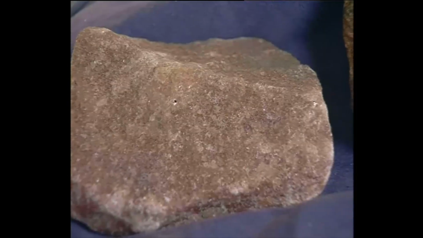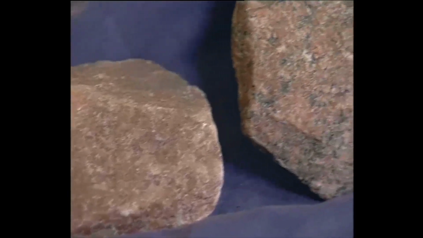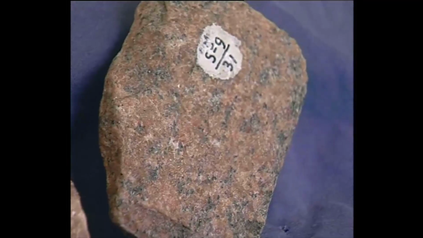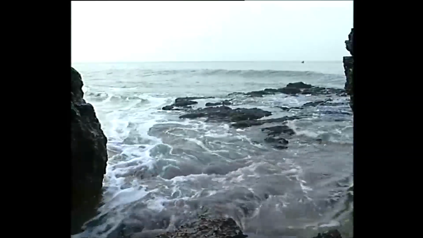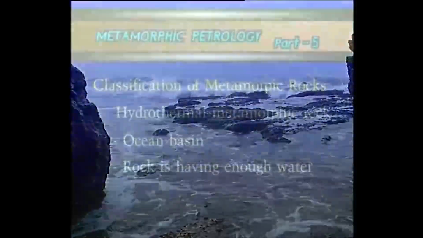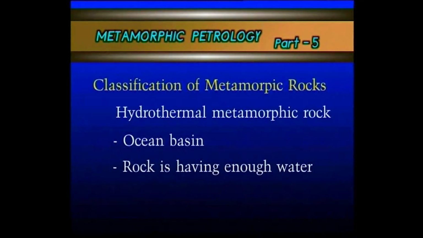In dynamothermal metamorphism, normally pressure as well as temperature both are important, and all sorts of structures we can observe in metamorphic rocks are developed during this process. Suppose we see hydrothermal metamorphism, normally it takes place in ocean basins or where the rock is having enough water.